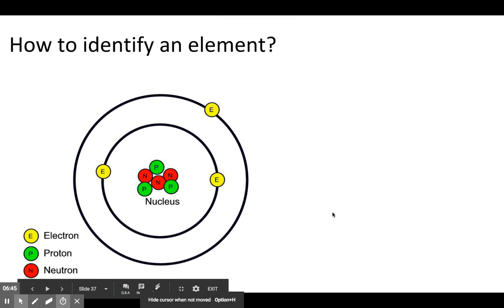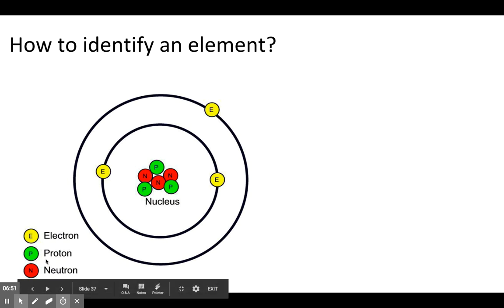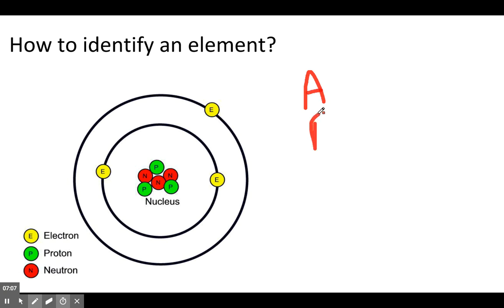All right, so in order to identify this element, I'm going to count my protons. Notice that there's an element key right here, indicating that protons are the green circles. So I have 1, 2, 3. And if you remember, A equals P equals E. So if my protons is 3, my atomic number must also be 3.